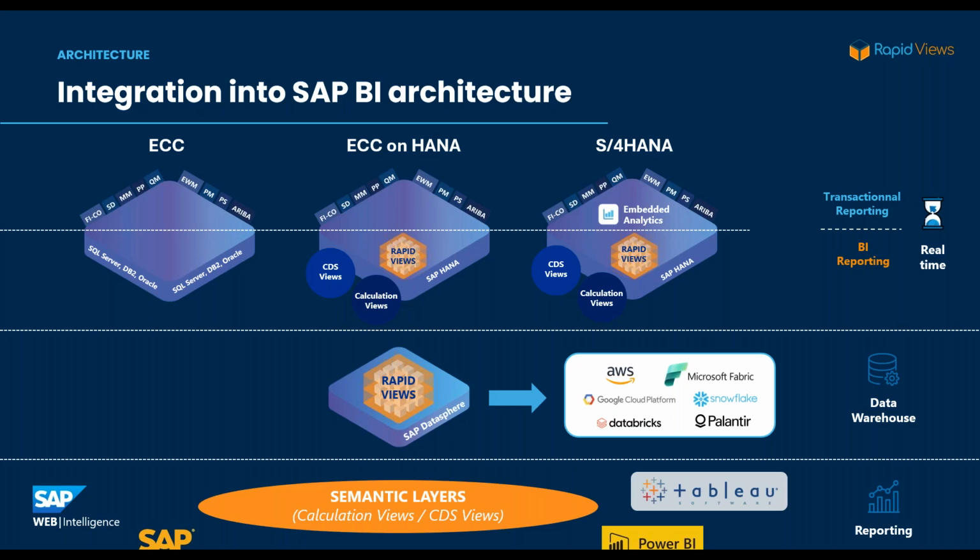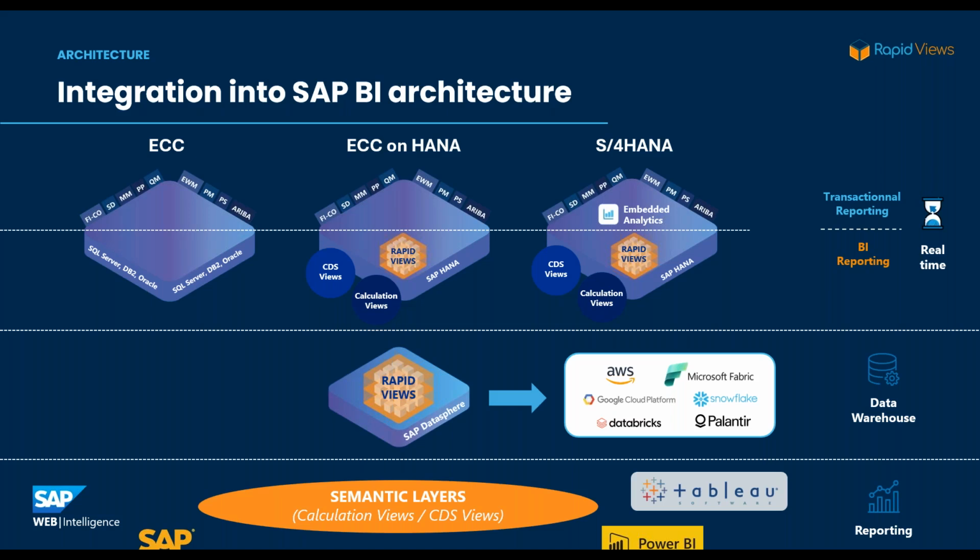But what if, directly in real time on ECC on HANA or S4HANA, you want to be able to provide some very strong semantic layer to your users that maybe they want to reuse through Power BI, SAC, Tableau software? It's where we have a huge value, because it's what we provide, an advanced semantic layer that you can reuse through your own reporting tools to be able to do any kind of advanced report.